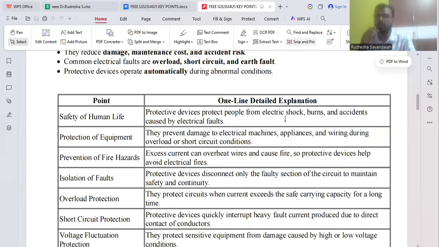Point one, one line detailed explanation. Safety of human life: protective devices protect people from electrical shocks, burns, and accidents caused by electrical faults.